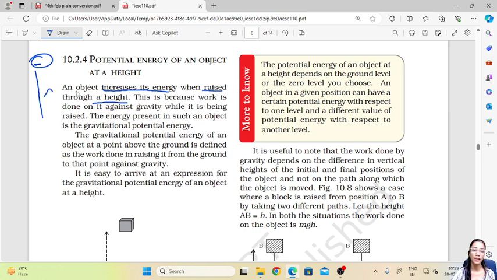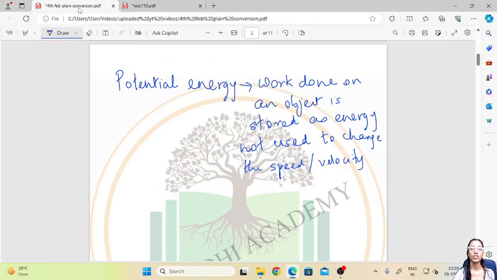We know that there is gravitational pull from the earth, and when you are raising an object, you are doing work against this gravitational force. That's the reason it is gaining energy. So, potential energy at height.